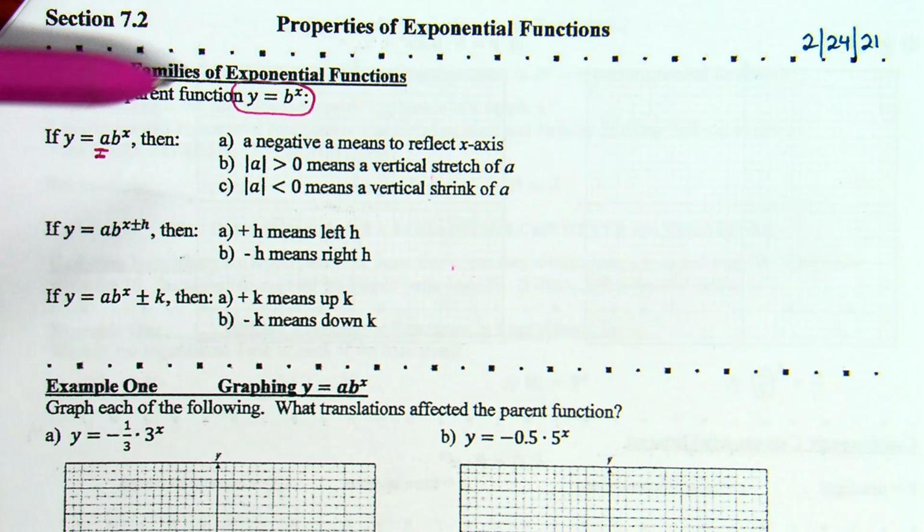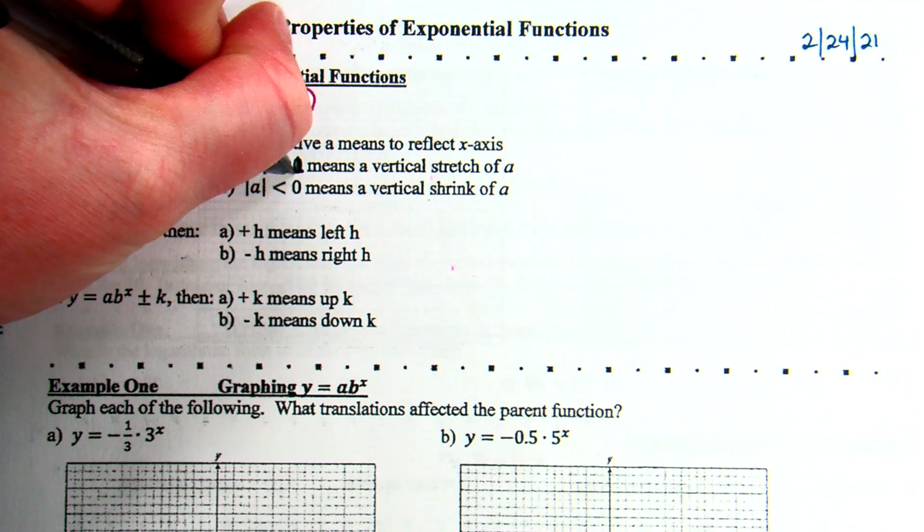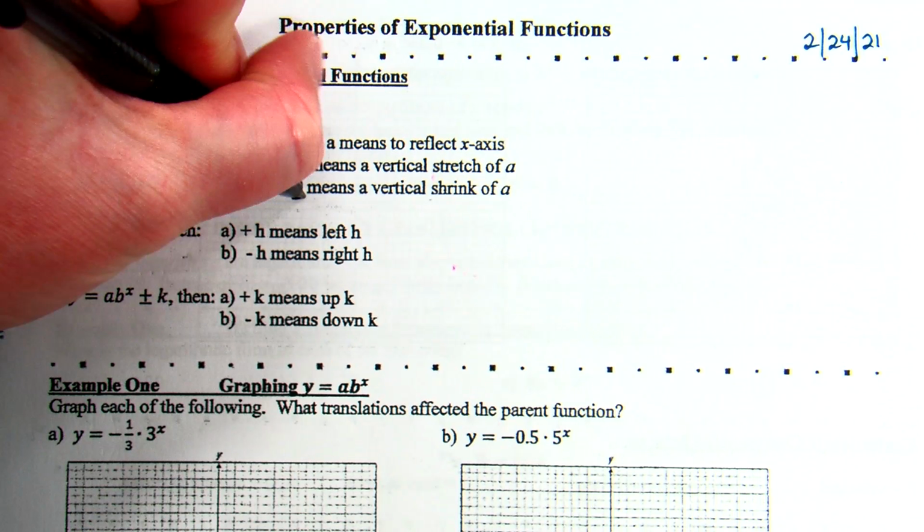If it says the absolute value of a is greater than 0, so in other words, forgetting the sign, if the positive value of a is bigger than 0, it is a stretch. If forgetting the sign, the number is, that shouldn't say 0. Not 0. A 1, yes? Because when we talk about shrinks and stretches, or compresses and stretches, it's in reference to the number 1.